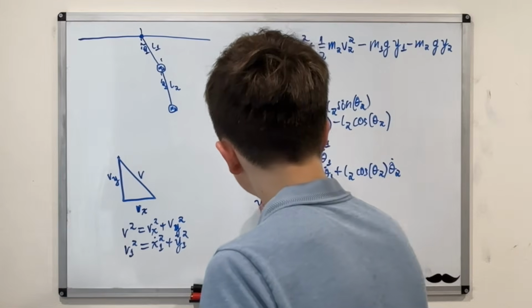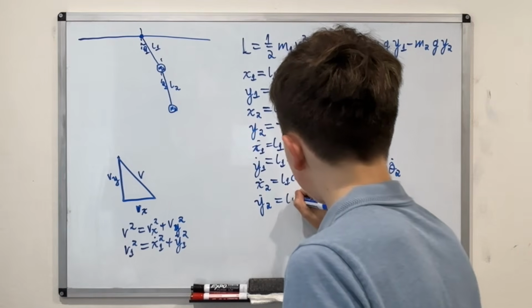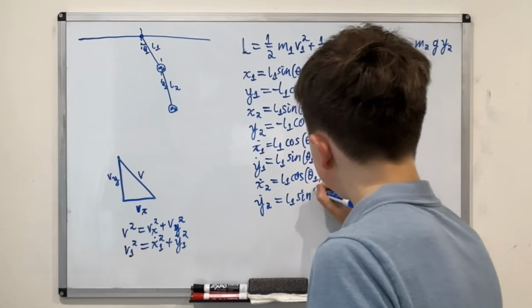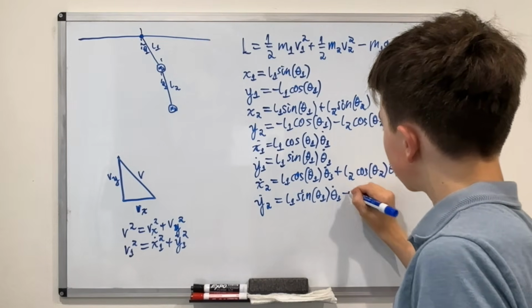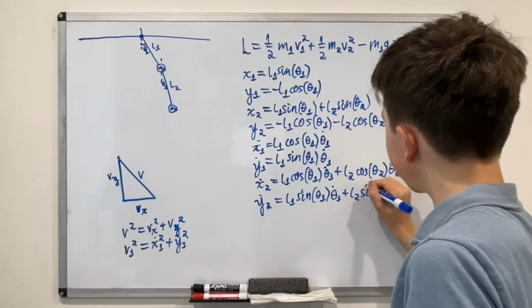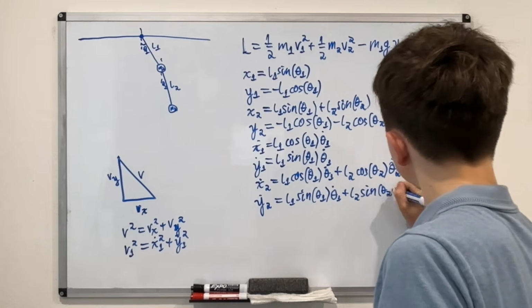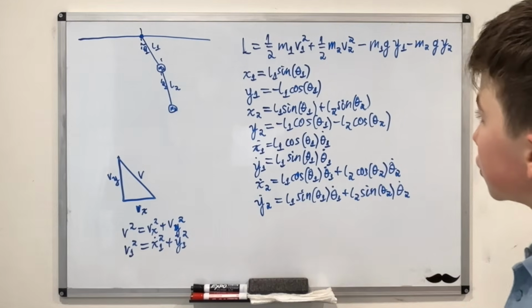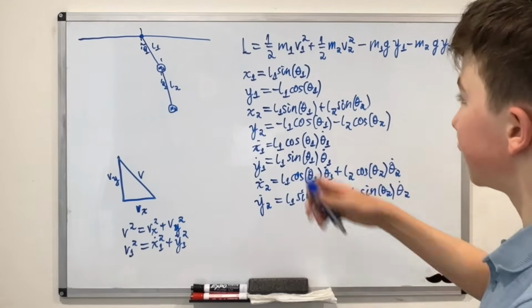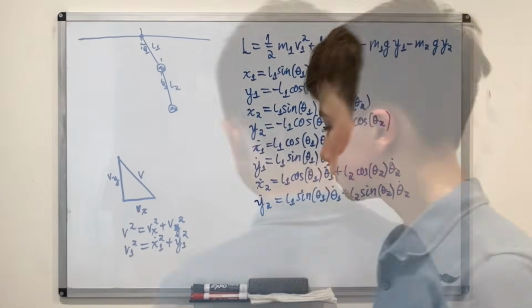And then for y2 dot, we're going to have L1 sine theta 1 dot plus L2 sine theta 2 dot. Okay, so now we can finally plug all of these values into our Lagrangian.